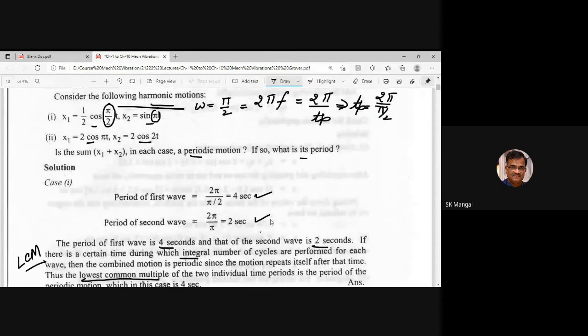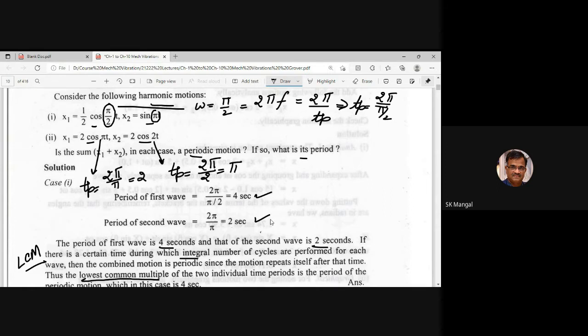In the second case, here you have a time period of 2 pi upon pi, which is equal to 2, and in this case the time period is 2 pi upon 2, which is equal to pi.